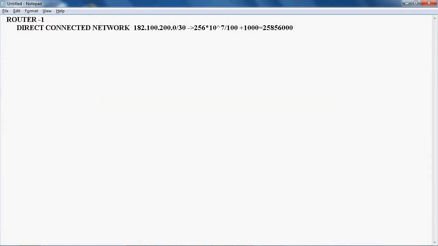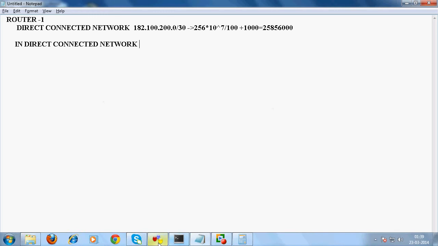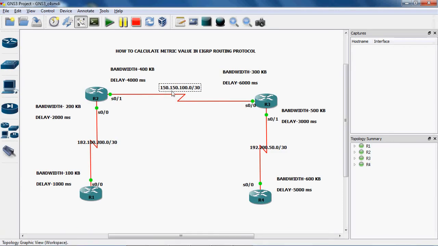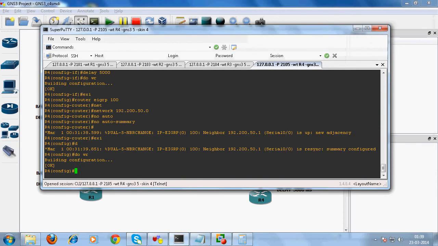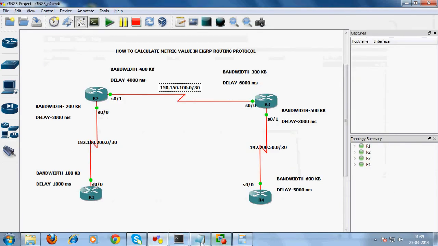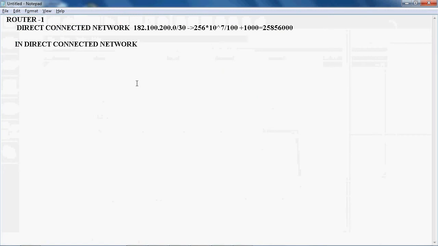So the indirectly connected network is 150.150.100.0/30.